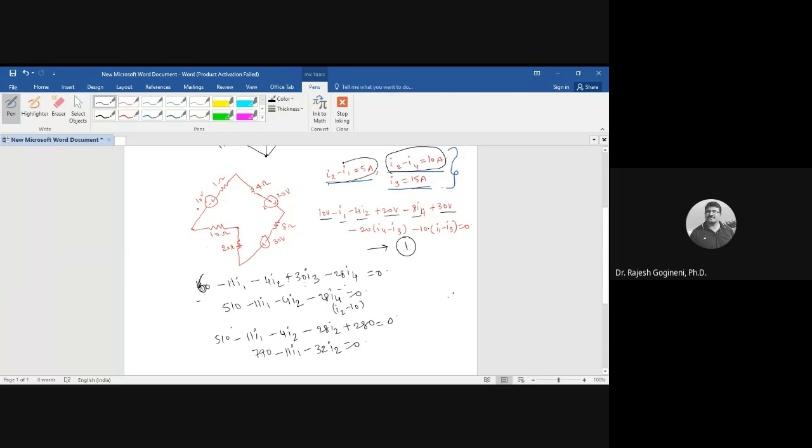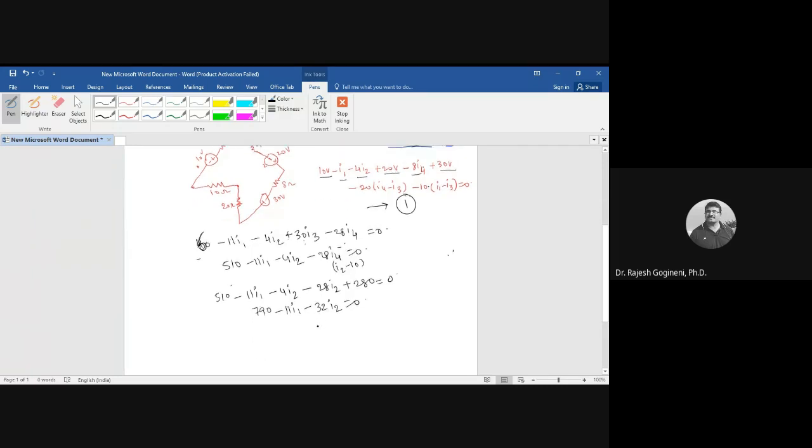From this relation, I2 minus I1 equals 5 amperes, so I2 is I1 plus 5. Substituting, 790 minus 11 I1 minus 32 into I1 plus 5. So 32 plus 11, minus 43 I1, minus 32 into 5. Find out what is 32 fives.